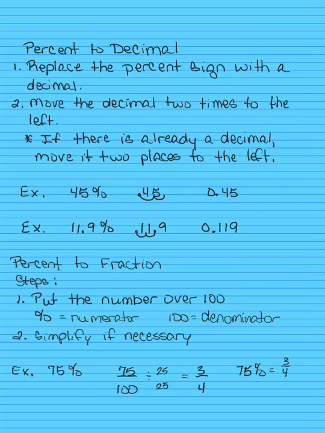So 75% is equal to 3/4. We'll do one more example, and that is 3%. I'm going to take my percent and put it over 100. I will simplify if I can, but in this case I cannot. So 3% is equal to 3/100.